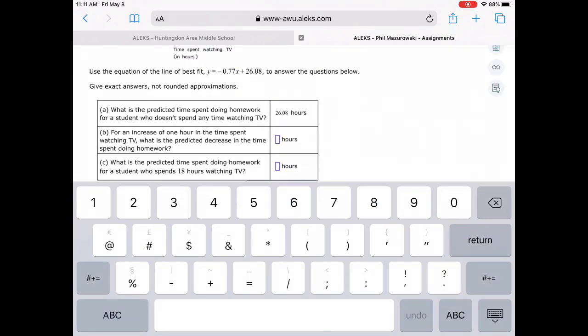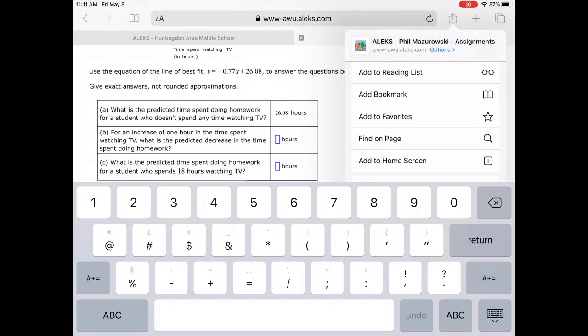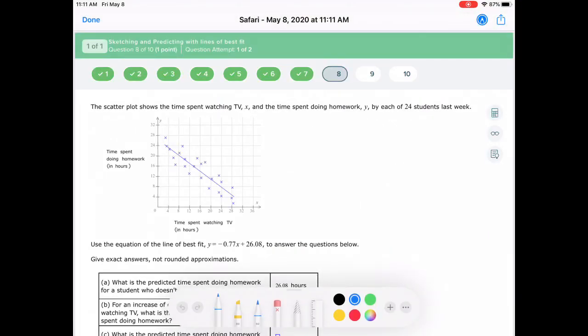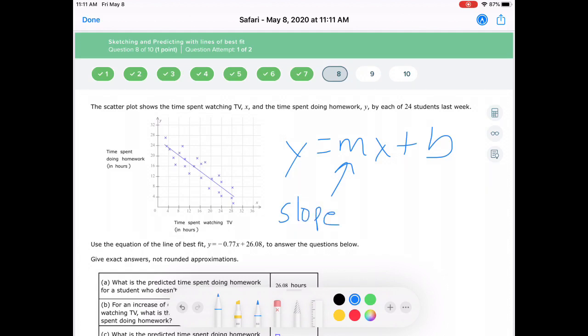Part B, for an increase in 1 hour in the time spent watching TV, what is the predicted decrease in the time spent doing homework? This is where our understanding of this type of line comes into play. Hopefully you recognize this as slope-intercept form, where it is y equals mx plus b, where m is the slope and b is the y-intercept.